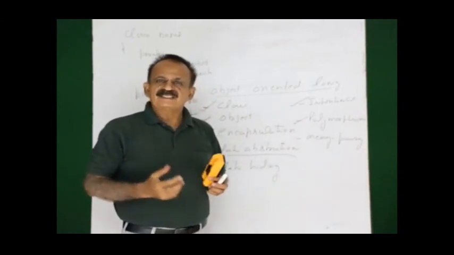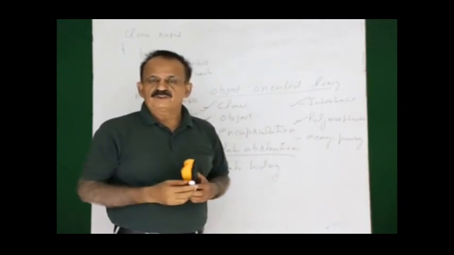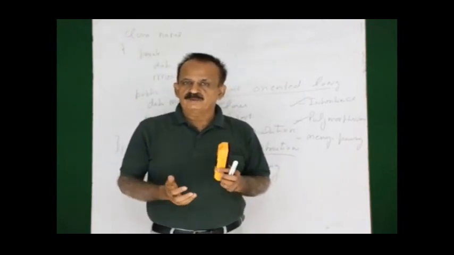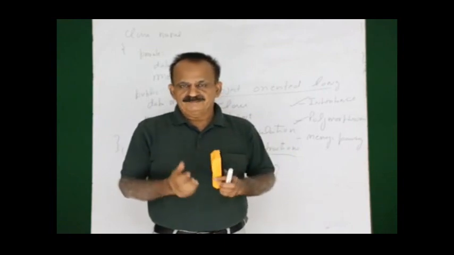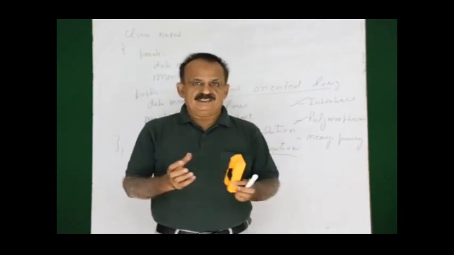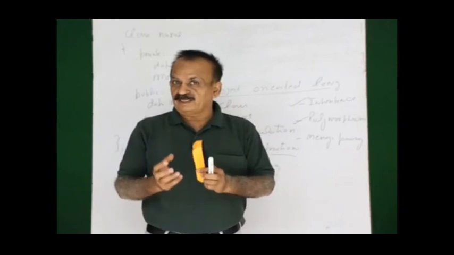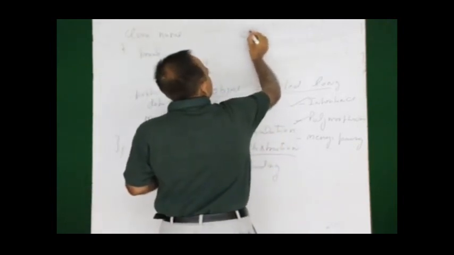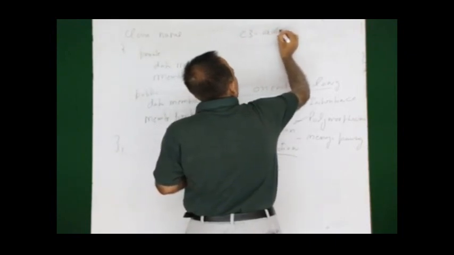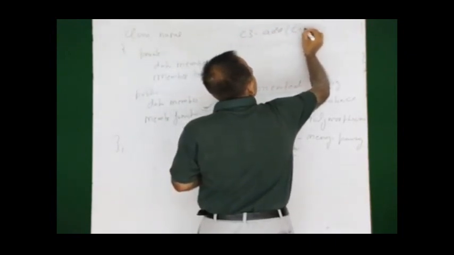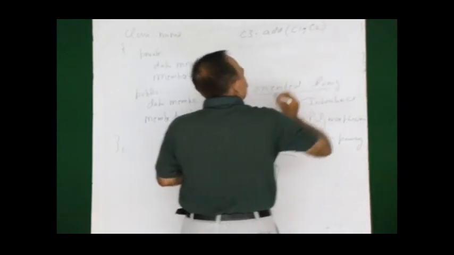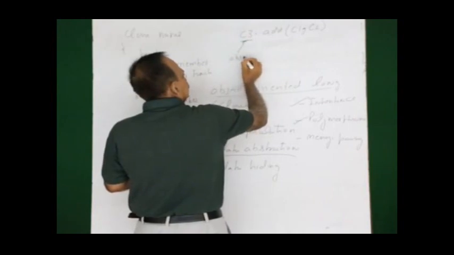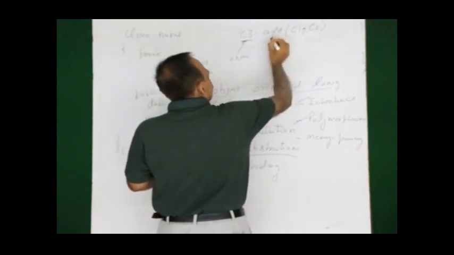Now message passing. A message is basically a function which is to be performed, used by the object. In an object-oriented program, we use different objects, and these objects interact with each other with the help of functions. For example, C3.add(C1, C2): in this case, C3 is the object, and this object is using this message, the method.